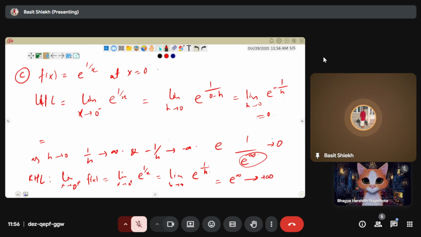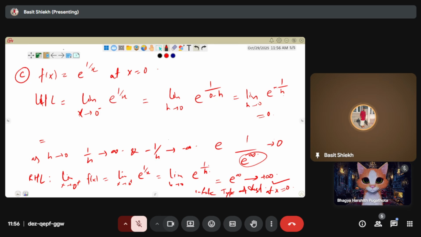So LHL equal to 0, RHL equal to plus infinity. Which type of discontinuity do we have here? The limit does not exist. So it has infinite type of discontinuity at x equals 0. Can we redefine this function? No. This is non-removable type of discontinuity at x equal to 0.